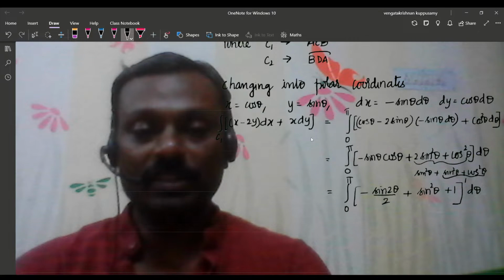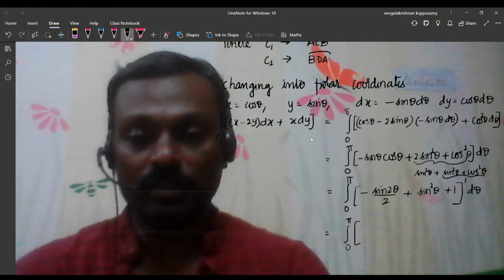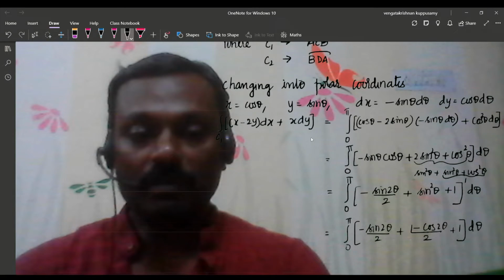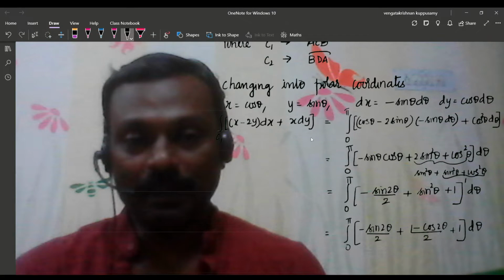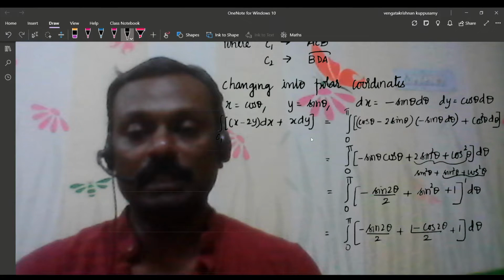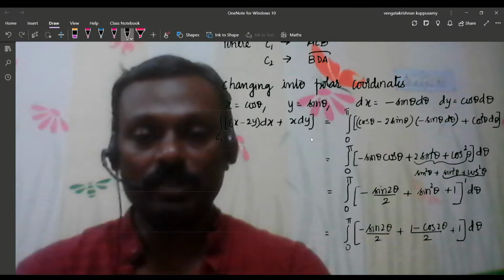Because the integration is linear, we can go for term by term evaluation. We don't have a direct formula for sin squared theta, so again applying the identity, sin squared theta is (1 minus cos 2 theta) by 2. Now let's go for term by term evaluation.